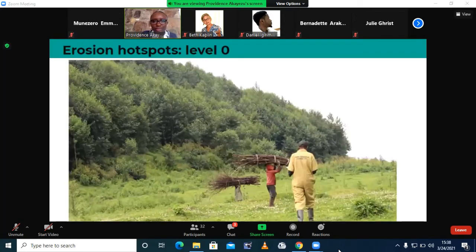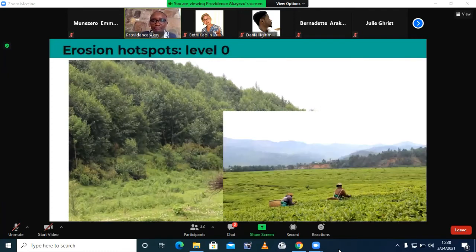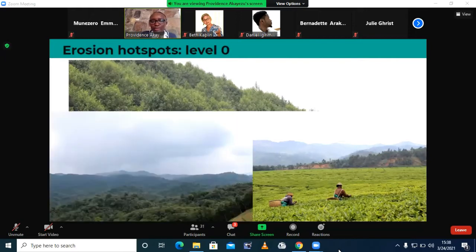So it included the planted forest, it also included the tea plantations, and it included the natural forest. So these three land use categories, we can consider them as maintaining land protection, and they contribute less, or a negligible amount, to the erosion rates and hence river pollution.